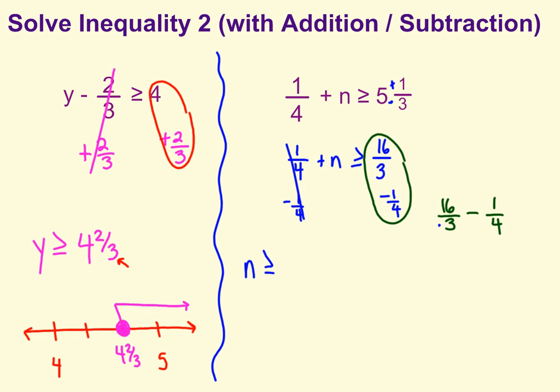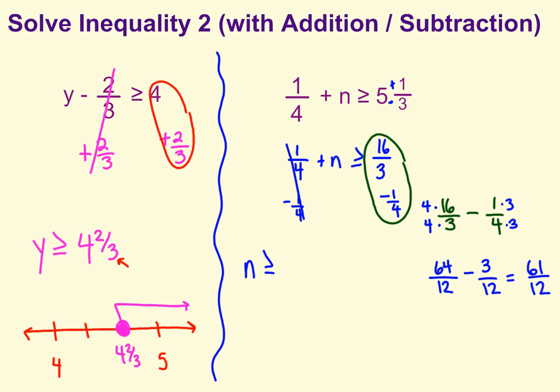We'll multiply our left fraction by 4. 16 times 4 is 64 over 12 minus the fraction on the right. Let's go ahead and multiply that by your 3's, and we'll get 3 over 12. Subtract the top numbers. 64 minus 3 is 61 over 12. And from there, well, that's our answer, 61 over 12.